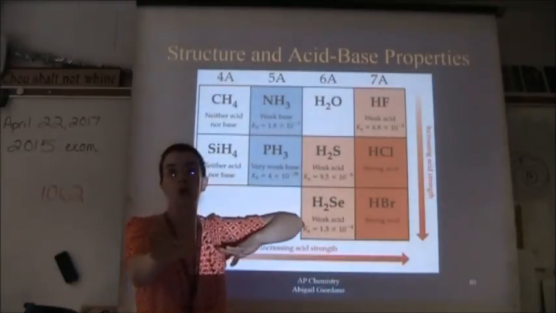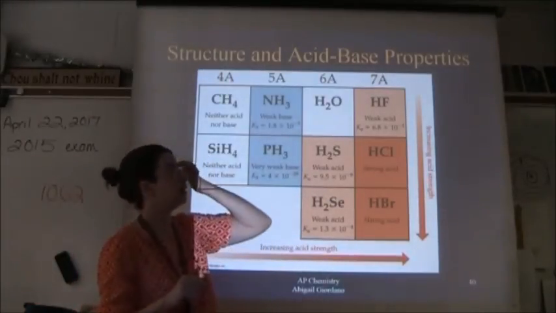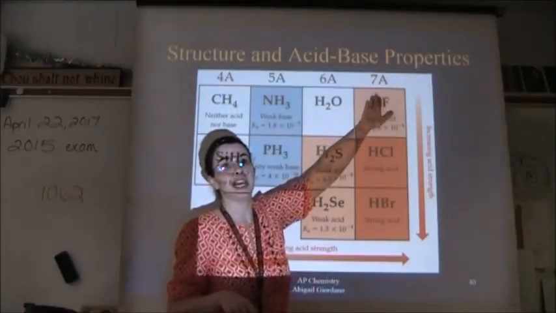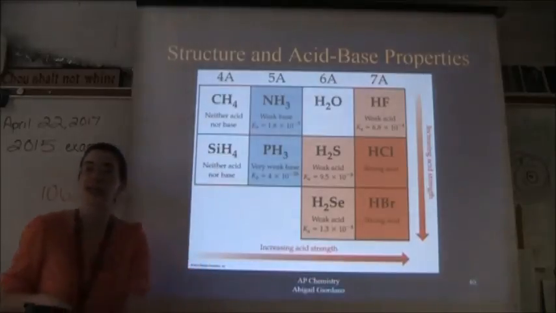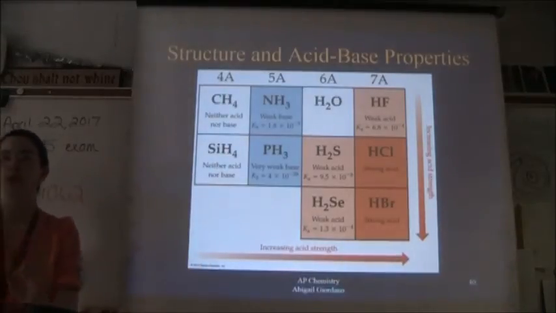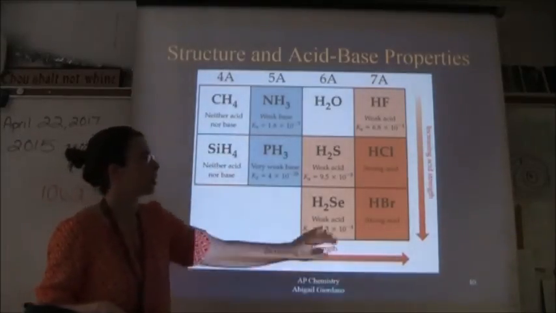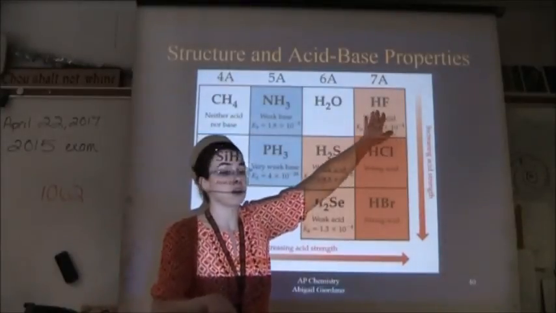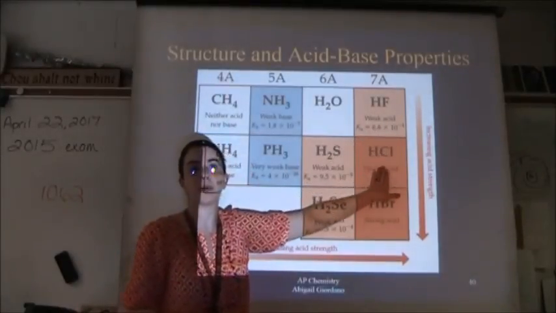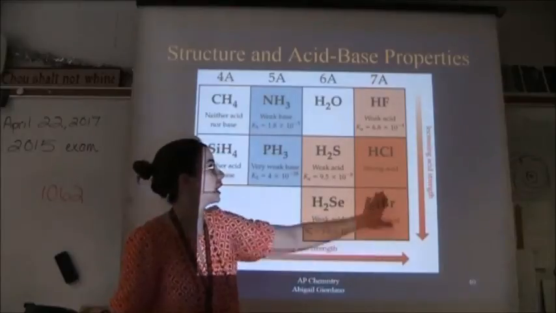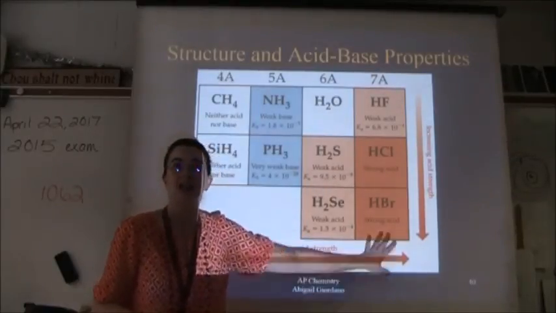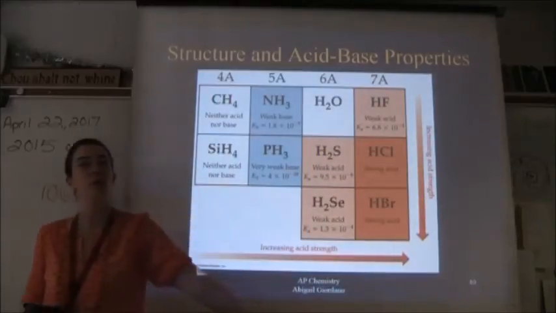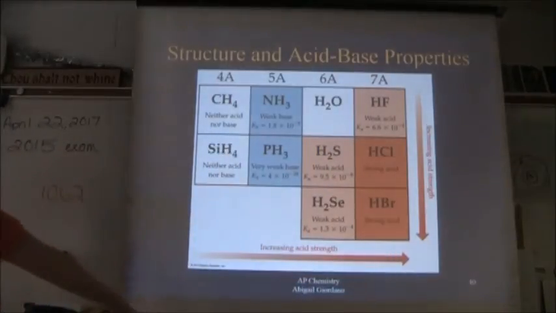You just told me, correctly by the way, that as you move down a column, electronegativity decreases. Tell me this, what's happening to the bond polarity as I move down? Like HF, HCl, HBr, HI, are these bonds becoming more and more polar or less and less polar?